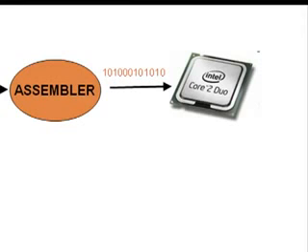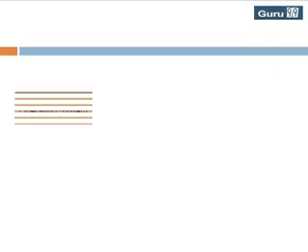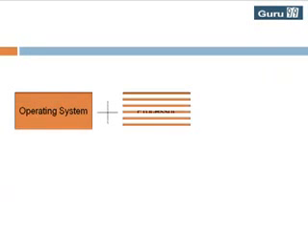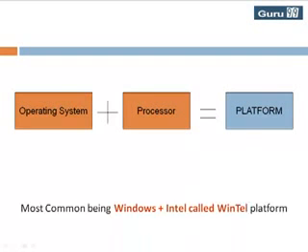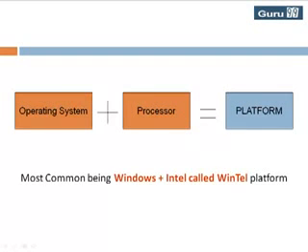Now, suppose Windows operating system is running on this Intel processor. Combination of operating system plus the processor is called the platform. The most common platform in the world is the Windows and Intel platform, called the Wintel platform.